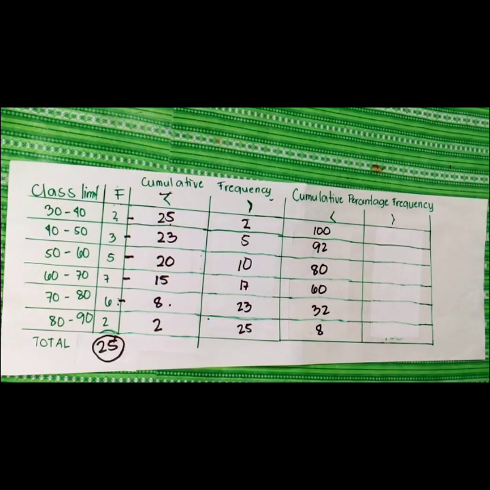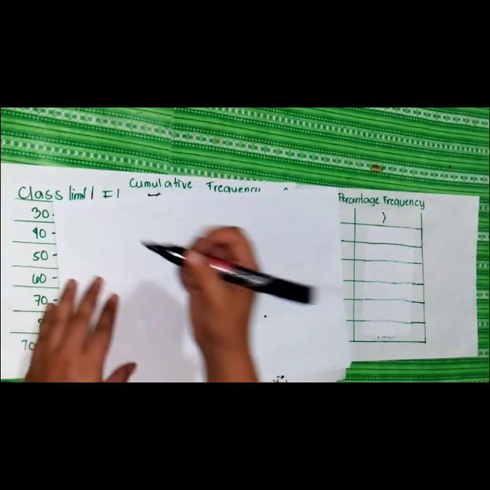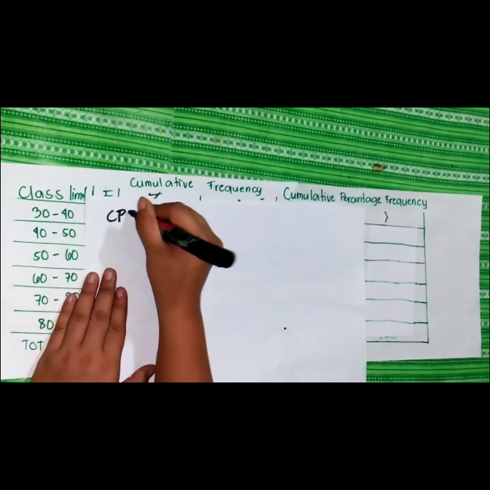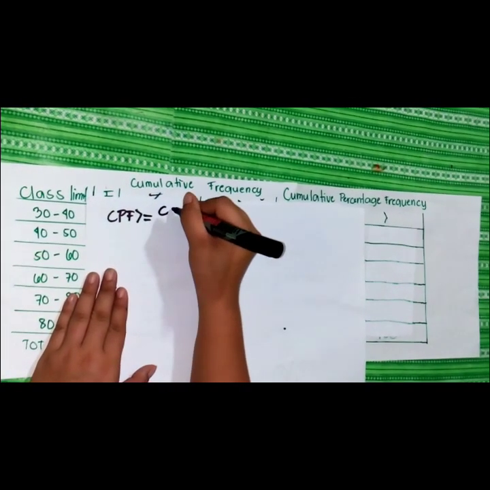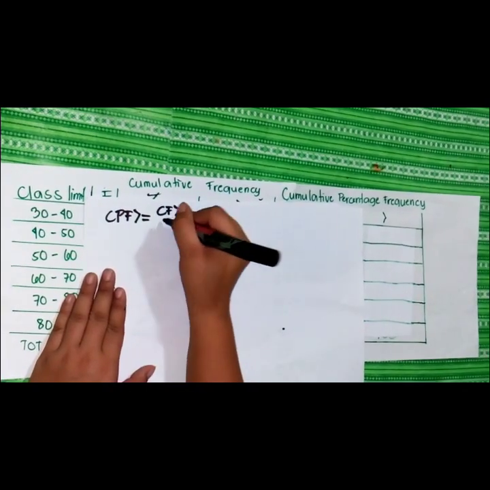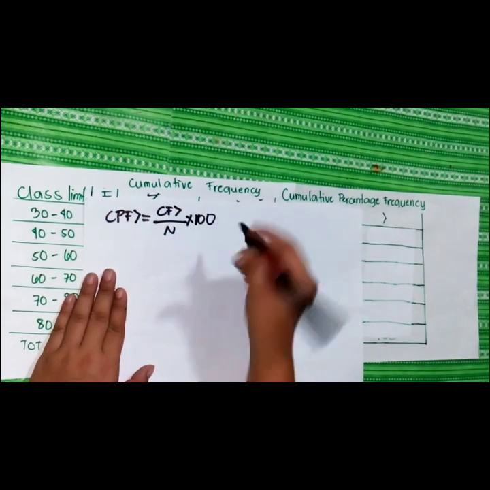So in our cumulative percentage frequency greater than, we have a formula again. So our formula is CPF greater than equals CF greater than over the number of cases times 100.